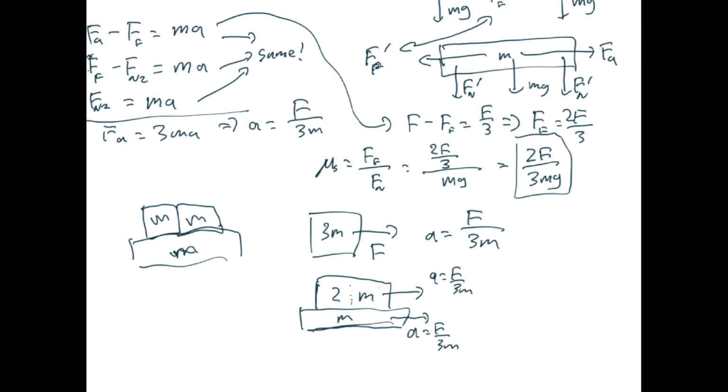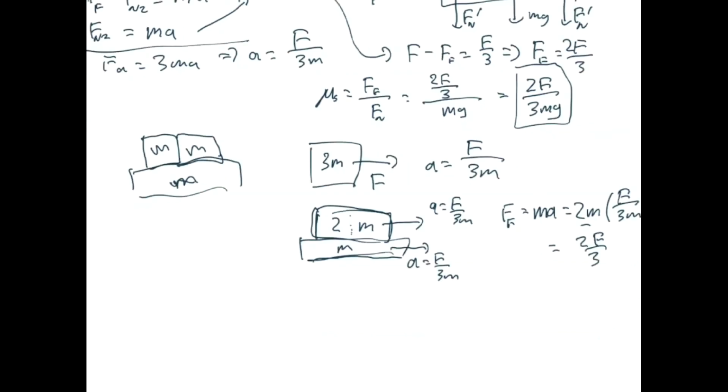But the only horizontal force on this box here is friction. So the friction has to be ma, or in this case, 2m times F over 3m. This is our m, this is our a. So anyways, this is 2F over 3. So this is a faster way to get what our friction and our acceleration have to be. And then from there, you can just continue as normal. Okay, any questions?